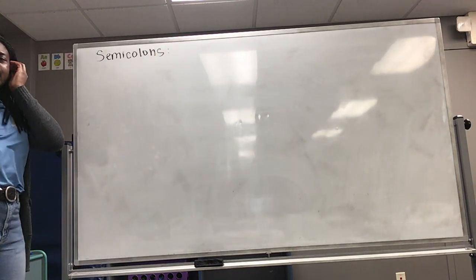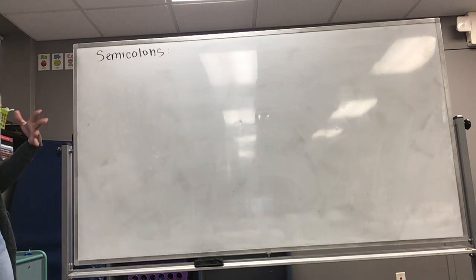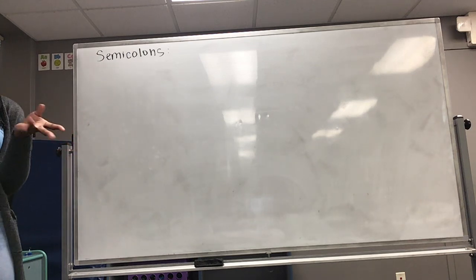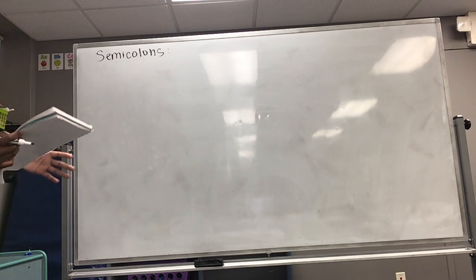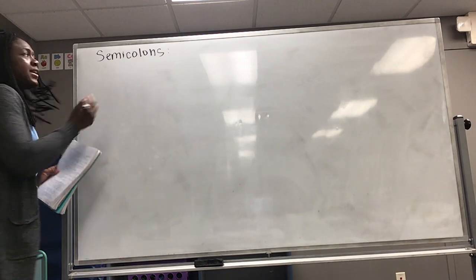So just like with the comma rules, there's also semicolon rules, so we're going to just talk about two of them, two instances. They'll be used mainly on the ACT.